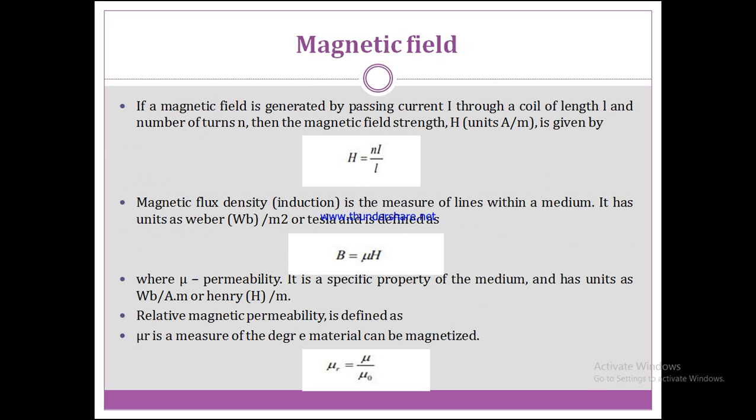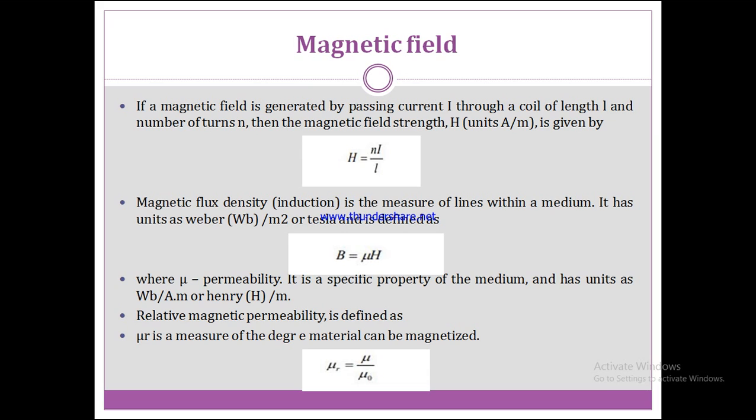Now, as we know, the magnetic field is generated by passing current I through a coil of length l and number of turns N, then the magnetic field strength H becomes H equals N I divided by l. The magnetic flux density, that is magnetic induction, is the measure of lines within a medium.